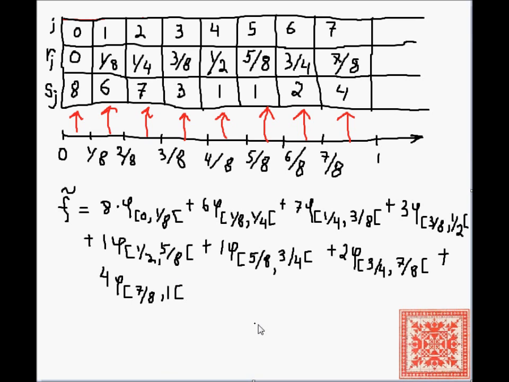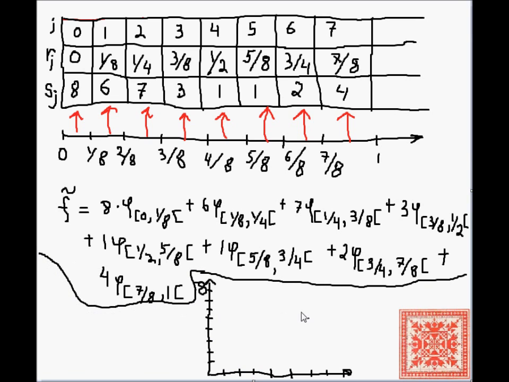Okay, and then graphically this can be represented as follows. The highest sample value is 8. On the first interval we are at 8, on the second at 6, then third 7, then the next at 3, then we're at 1. Here's 1, then there's another one, then we're at 2, and finally on the last one we're at 4.